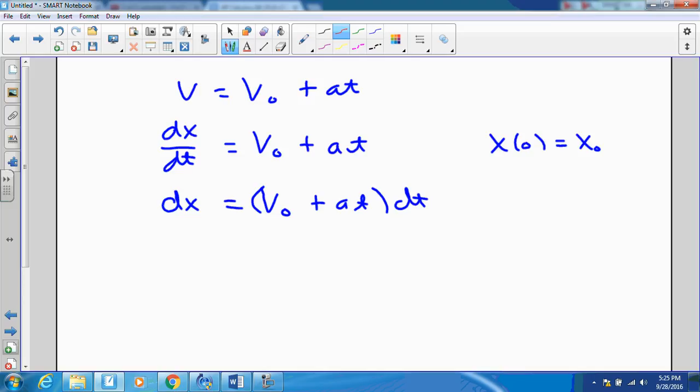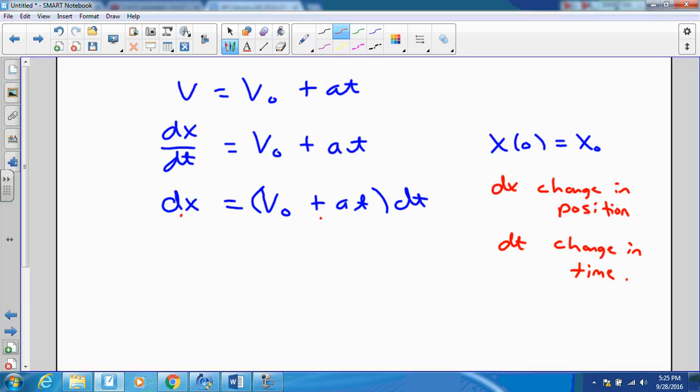And this new equation in differential form is saying something very interesting about how x changes when t changes. dx is a change in position, or a very tiny displacement that occurs when time changes by dt.